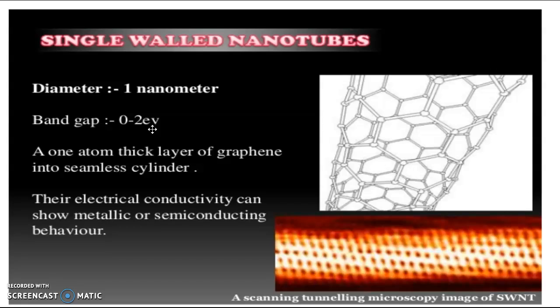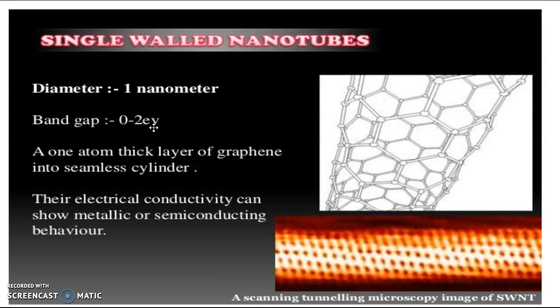The electrons present in the valence band are not capable of conducting electricity, whereas the electrons in the conduction band will conduct electricity. The difference between the valence band and the conduction band is our band gap. If the band gap is more than 2 electron volt, it is considered an insulator, whereas if the band gap is 0 to 2 electron volt, it is called a semiconductor.